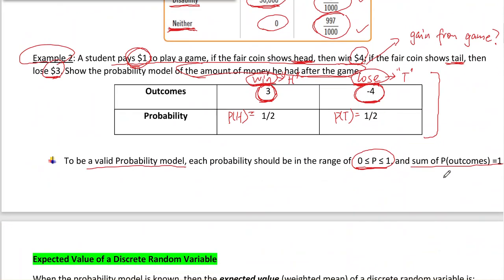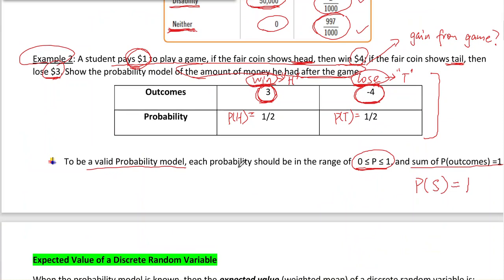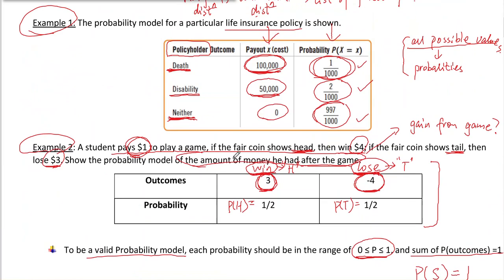So we say the probability of all possible outcomes, which is their sample space, will be just 1, right? Okay. So actually, the first job for you, once I describe this game, is to know how to make this probability model.